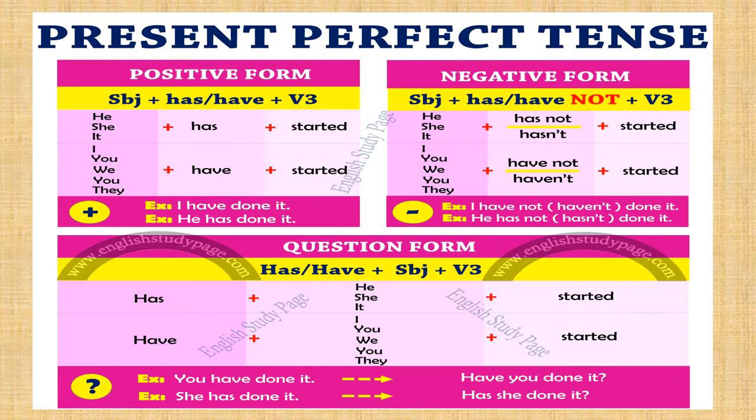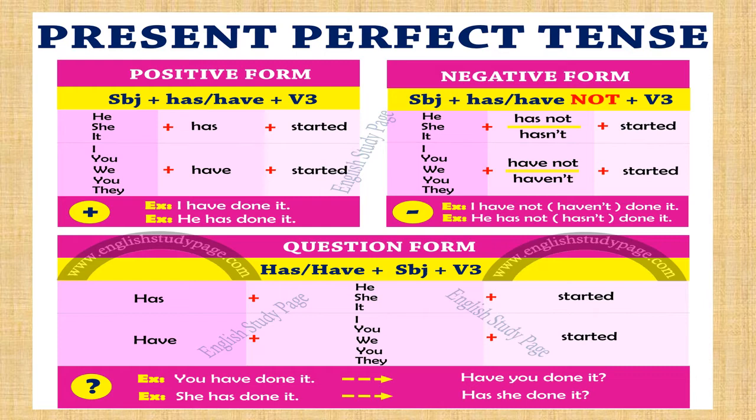I will use them to change into negative, has not, have not, and to ask the question. In the negative form, I will use has not, hasn't, or have not, haven't, plus past participle.